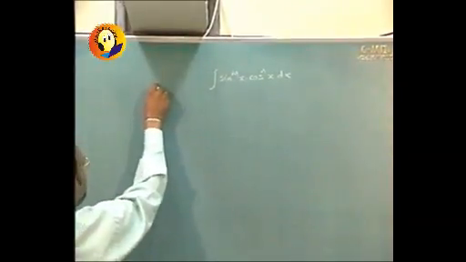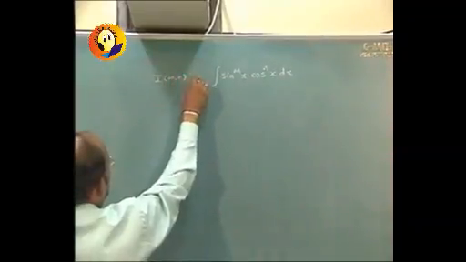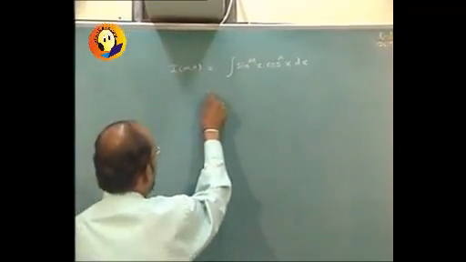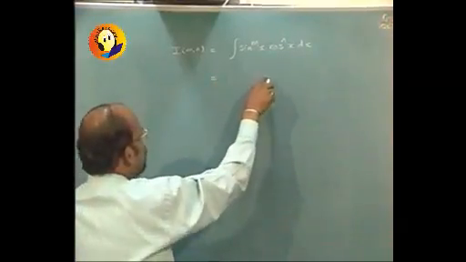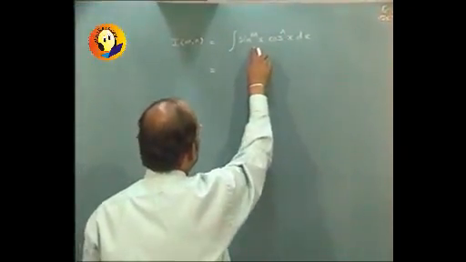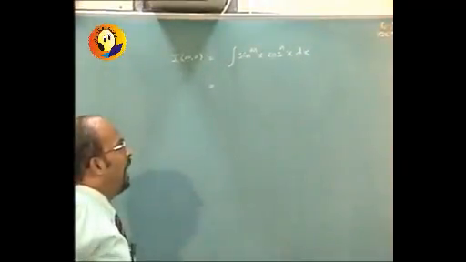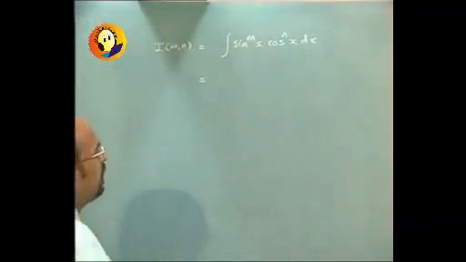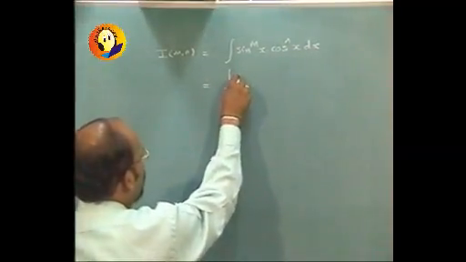So this can be written as I_mn, and then to go for the reduction by n, we will try to reduce this n, because as it is sin raised to m x or cos raised to n x are non-integrable, and to go for integration by parts we will have to split one of the terms, and here I am going to split cos raised to n.